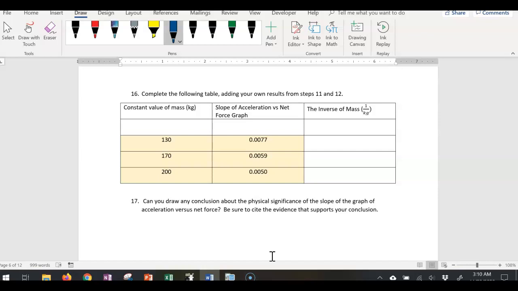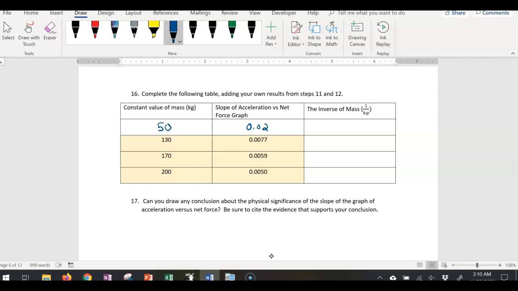So the most important constant in this experiment 1 was the amount of mass. And so I'm going to fill in my data. So I used 50 kilograms, and we just found a slope of 0.02. And then in these yellow cells are the data that was given in that table above.